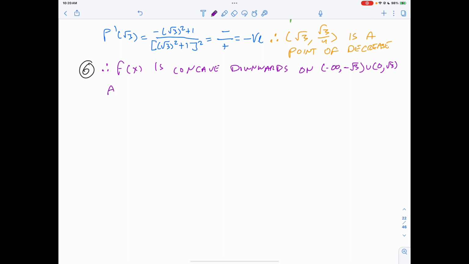And concave up on negative root 3 to 0 or positive root 3 to positive infinity.